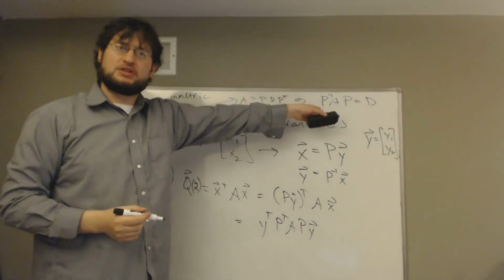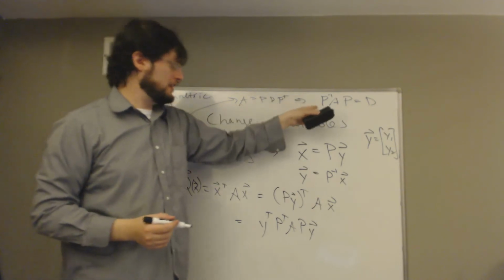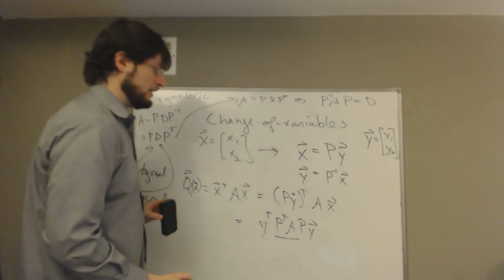So what we get is that D is P transpose AP.